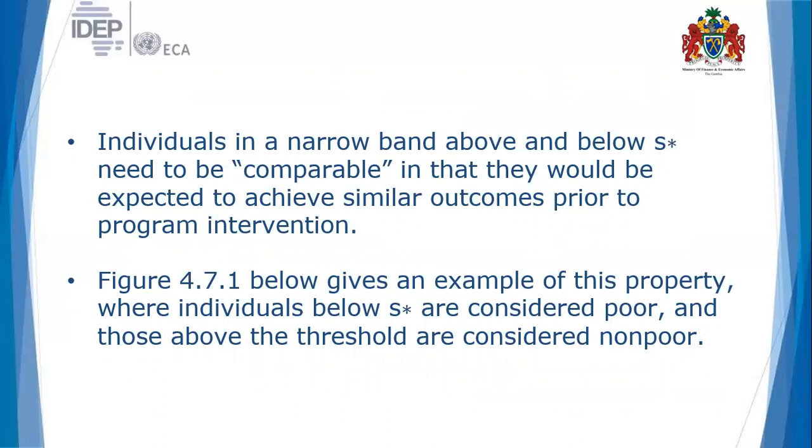As we'll see in the next slide, figure 4.7.1 gives an example of this property, where individuals below a cutoff point or the threshold S star are considered poor, and those individuals above the threshold S star are considered non-poor and so not eligible to participate in the program.